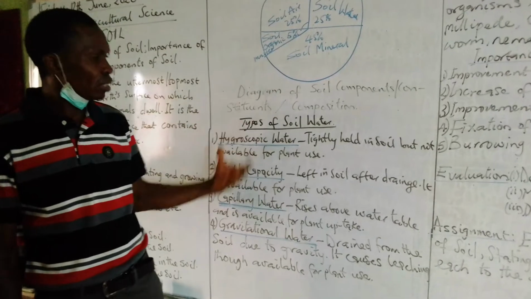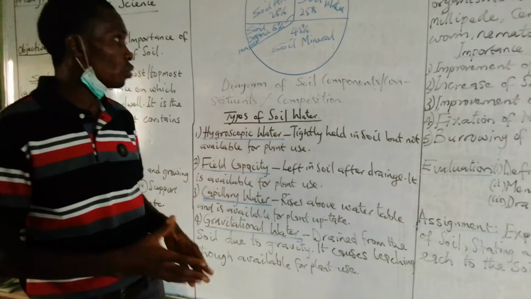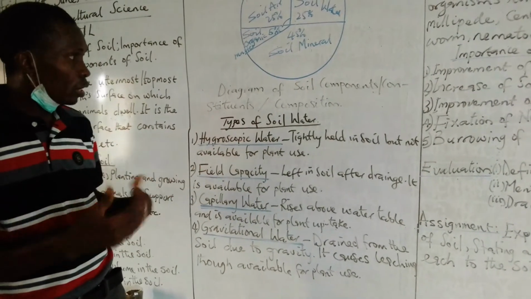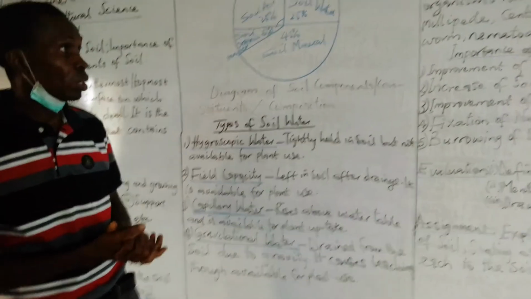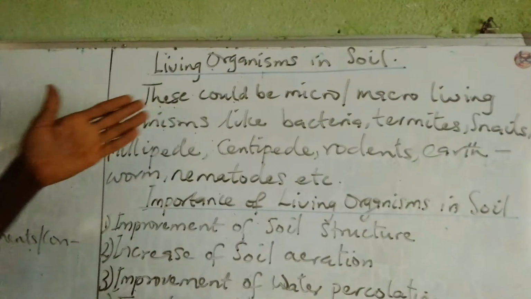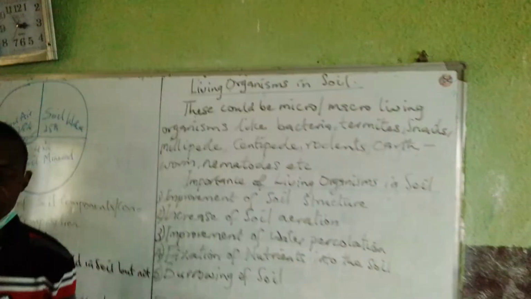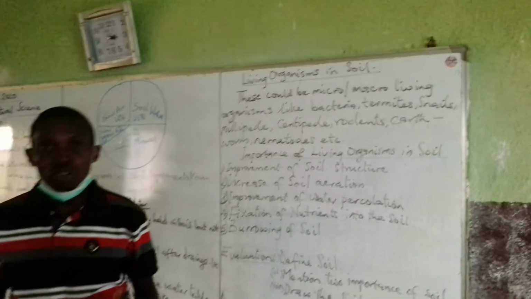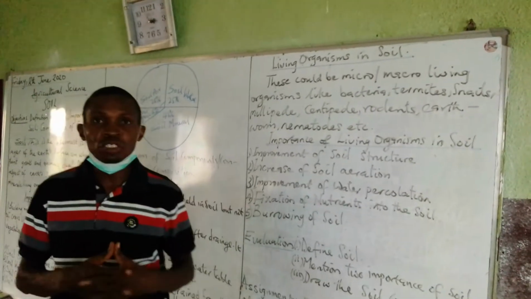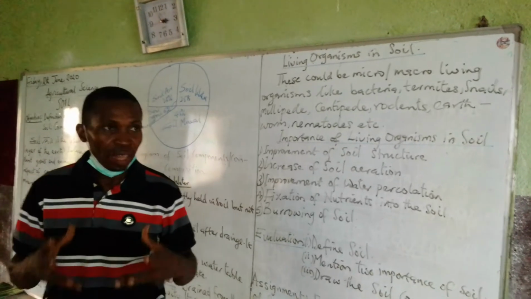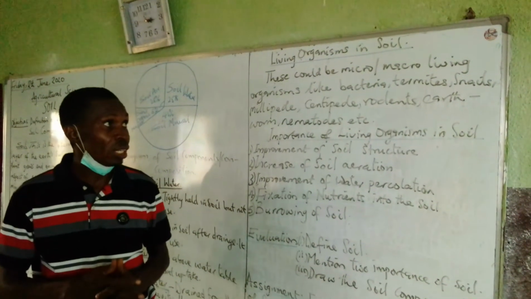Now, having said this about the components of soil and highlighted the importance and the types of soil water, it's important also that you look into various living organisms in the soil. The living organisms in the soil help to decompose various plant materials and dead remains of what? Animals.